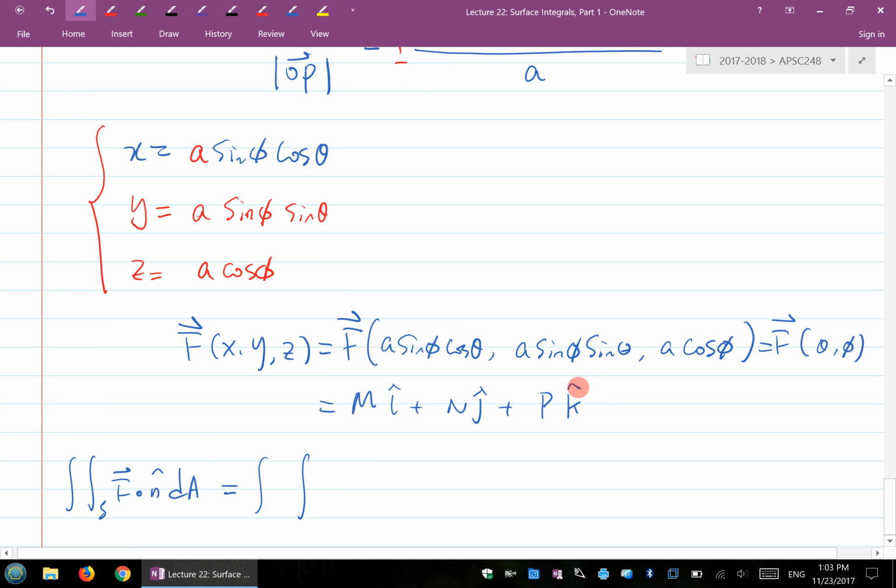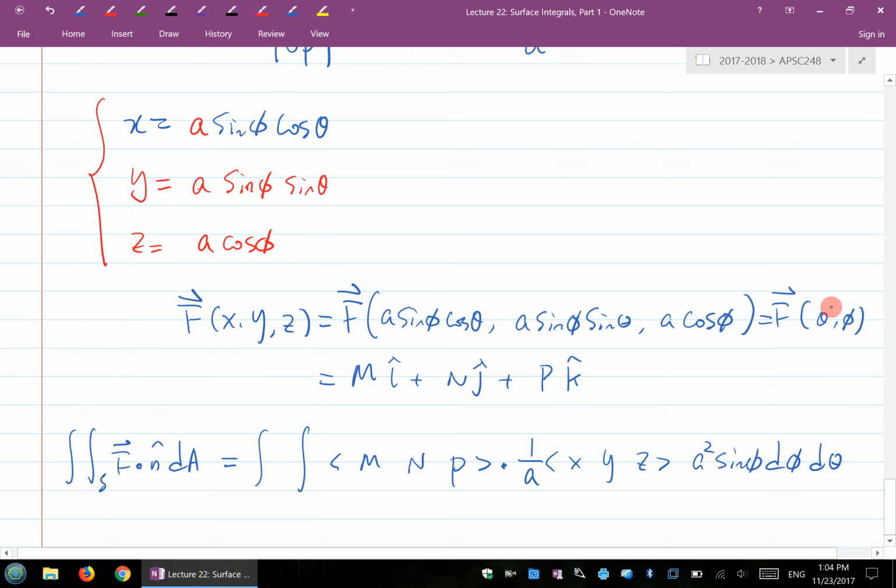So we have M, N, P for this F function, dotted with n hat, and n hat, as we just derived, is 1 over a times x, y, z. Let's leave the x, y, z for now and do the replacement at the end. And dA is a squared sine phi d phi d theta.